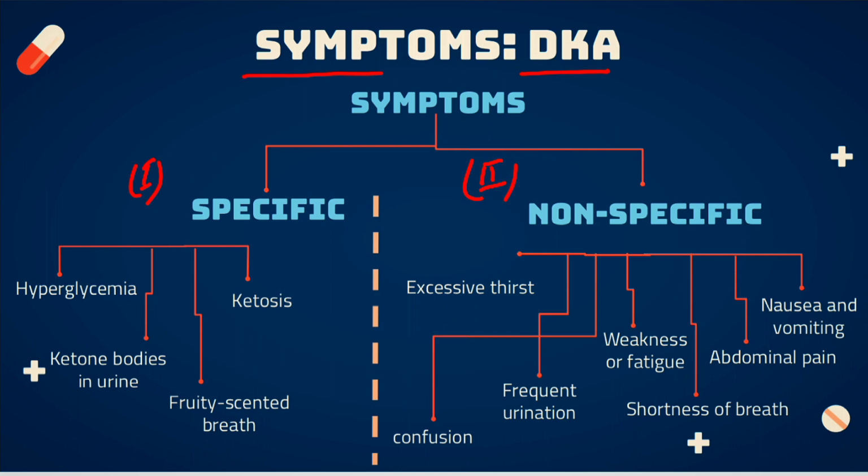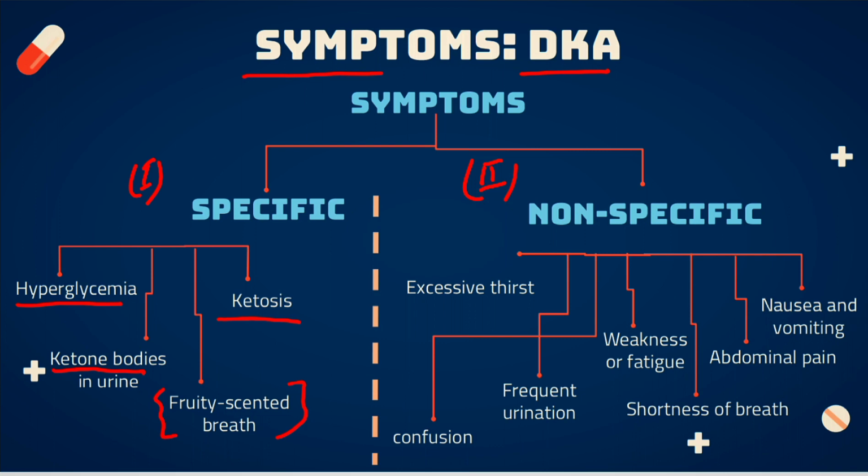In specific symptoms, hyperglycemia will be there, ketosis will be there. Because of that, there will be an increase in ketone bodies in urine. There is one specific kind of symptom which is known as fruity scented breath. The breath will be fruity scented in a patient of DKA.